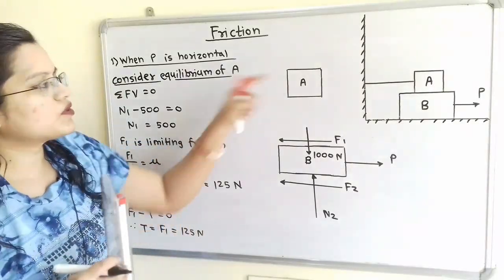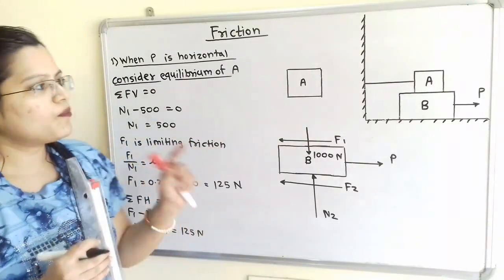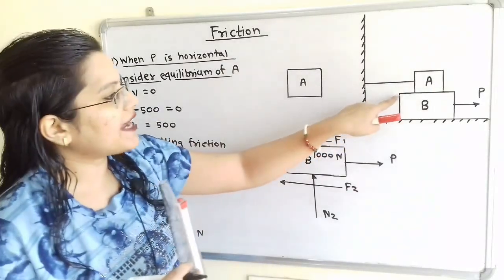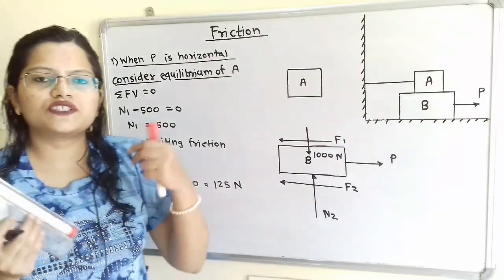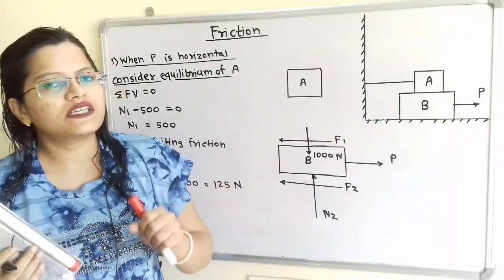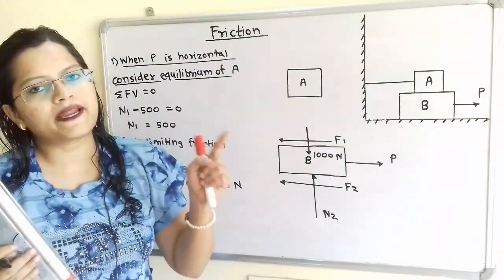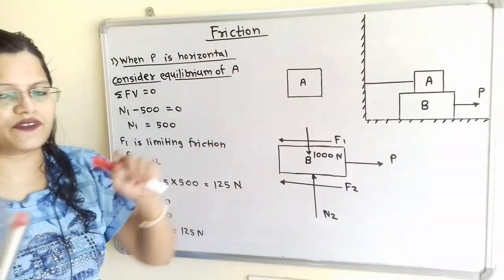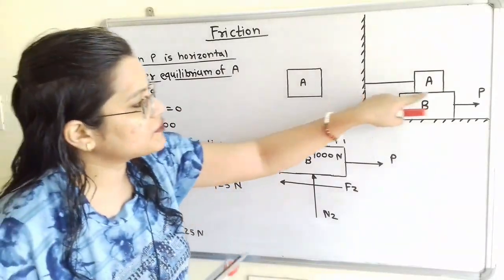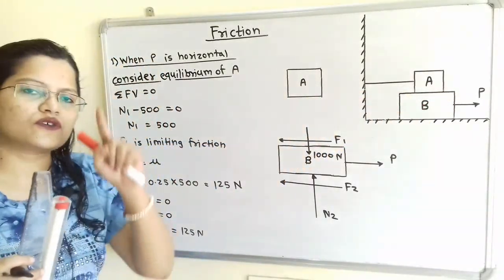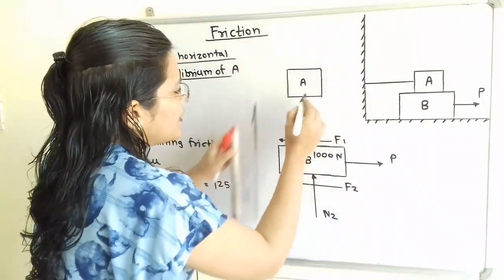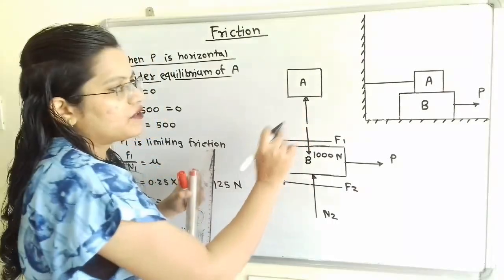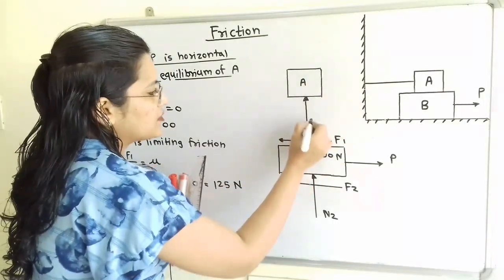Now we will move to the block A. Now block A is in contact with the block B. So again there is the normal reaction N which is in the perpendicular direction of the surface of contact. So this surface of contact is horizontal. So we have to show normal reaction N1 which is perpendicular to the horizontal and passing through the center.